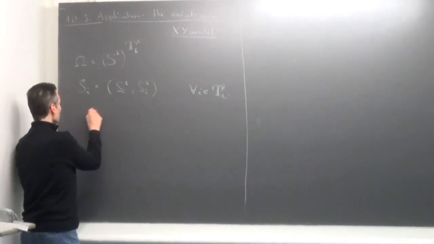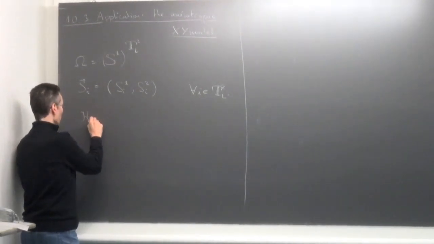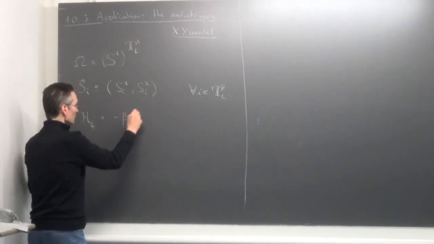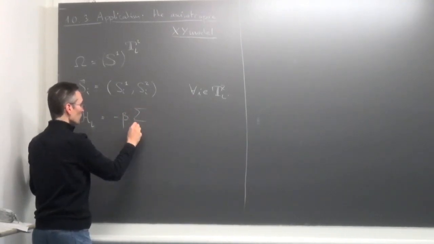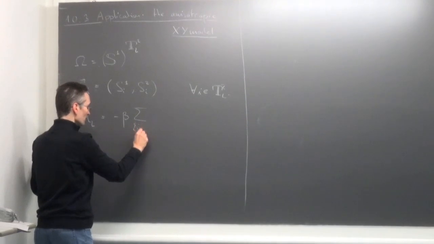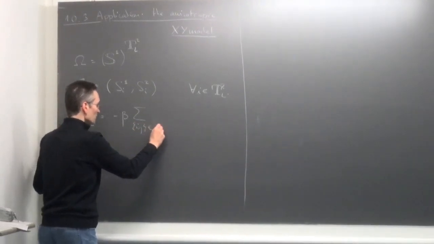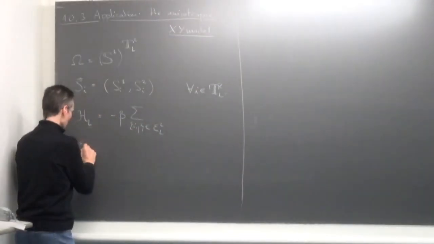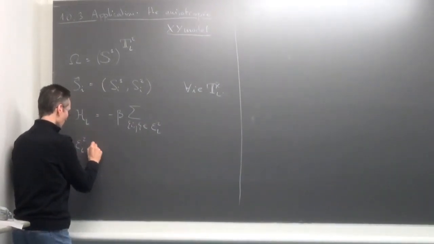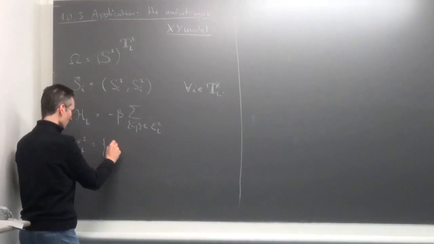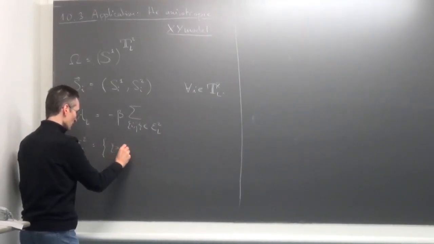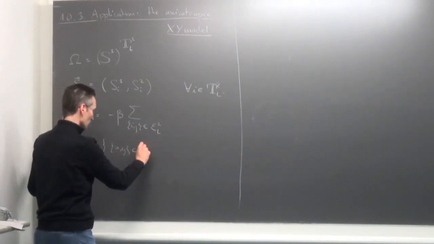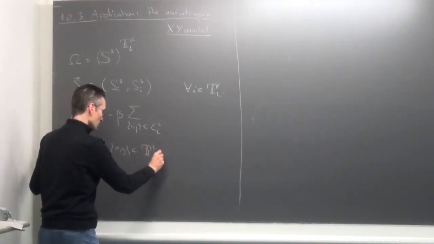And then the Hamiltonian is defined as follows. H_L equals minus beta, sum over all edges in the torus, say ij in E_L^2. I don't know if I already introduced this notation last week, but it's the set of all pairs of vertices in the torus which are neighbors.